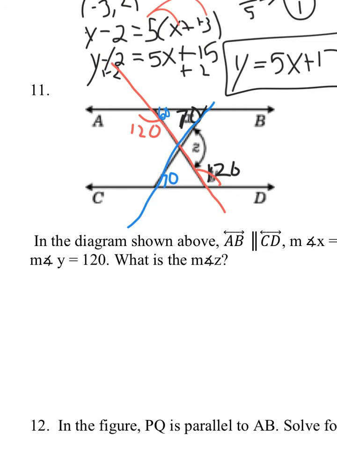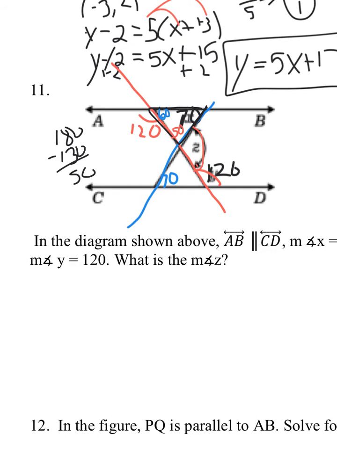Inside this triangle that's formed here at the top, you have 60 and 70, which is 130. 180 minus 130 gives you 50, which means this angle right here is 50.